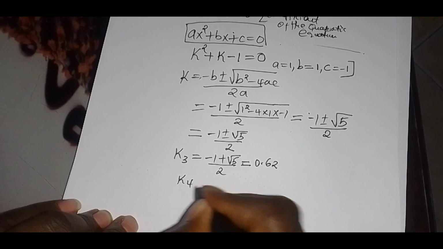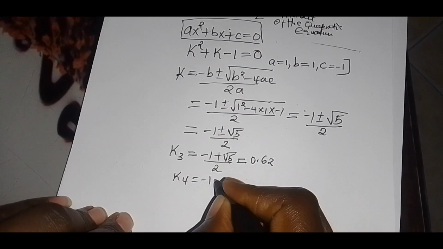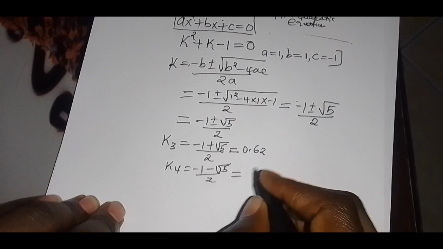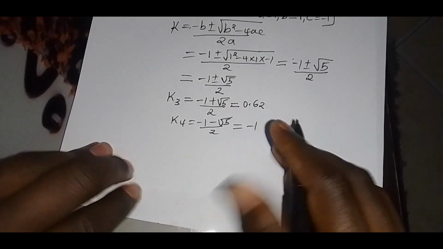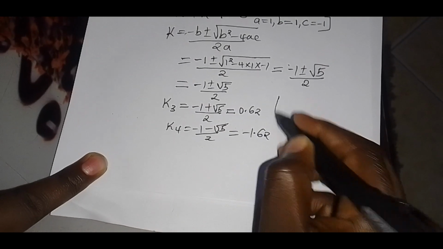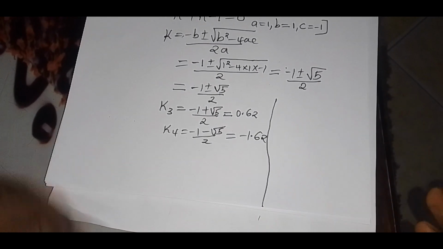And we have k4, which is -1 minus the square root of 5 divided by 2, and this is equal to -1.62.